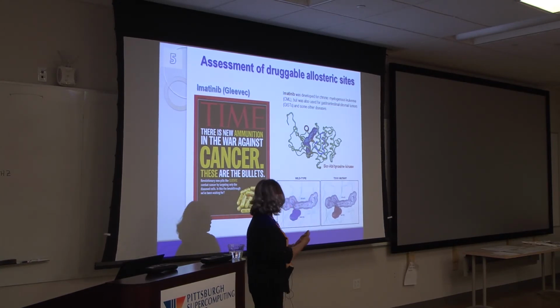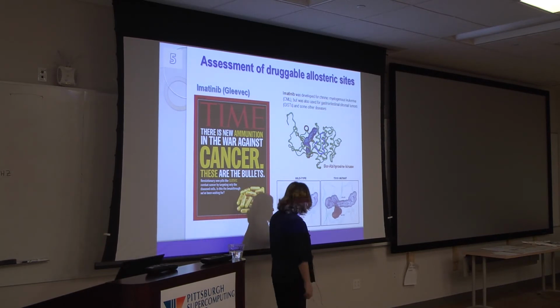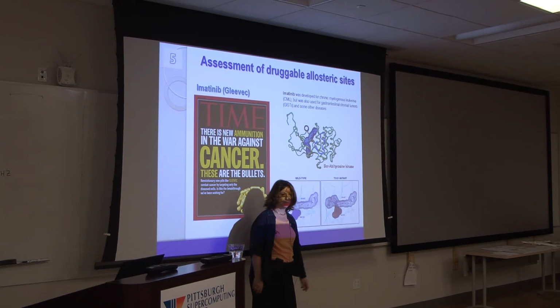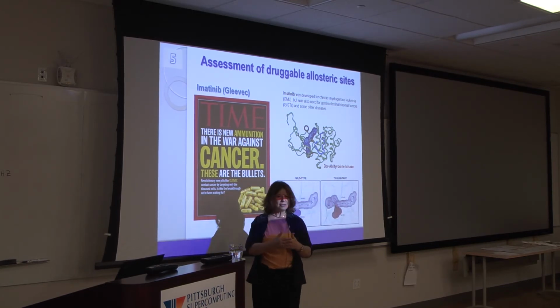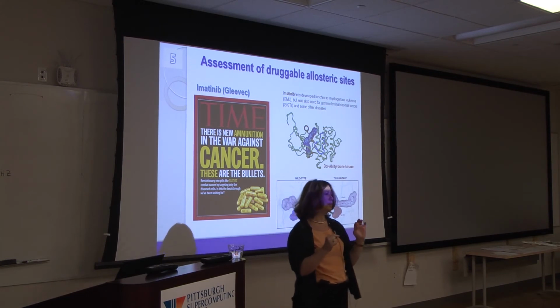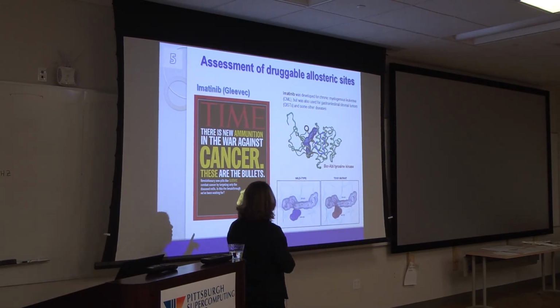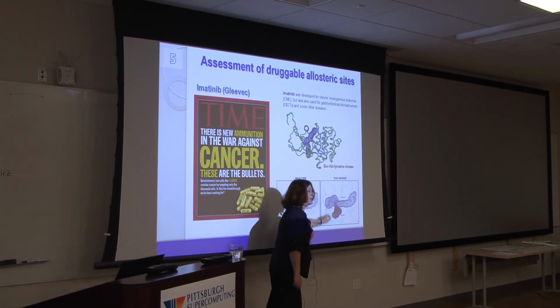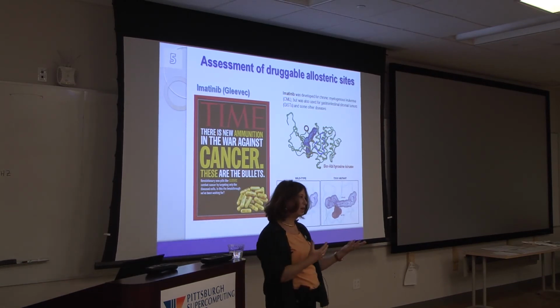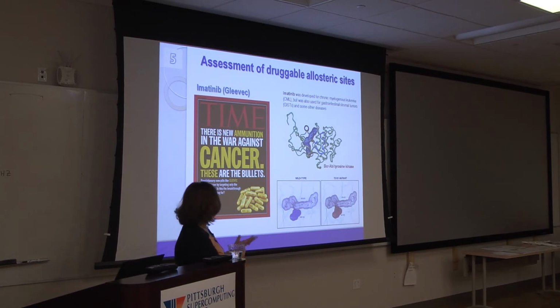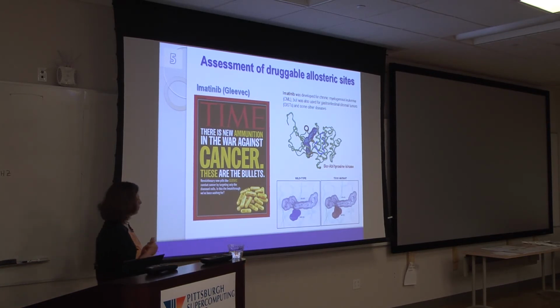But the kinase made a small mutation and changed the threonine into an isoleucine. And guess what happens? Now it's protruding, and even this small change would not permit the drug, Glivec, to bind. So now we are dealing with a mutant, not the wild type, and this mutant is drug resistant.